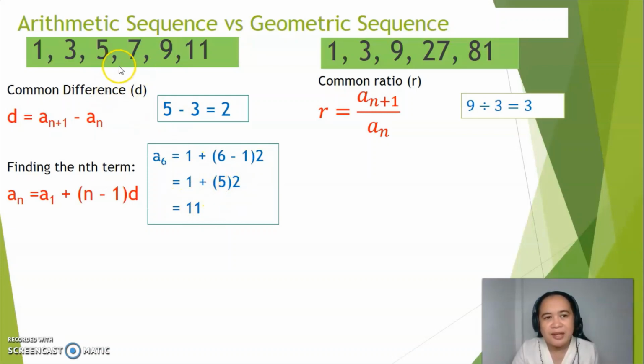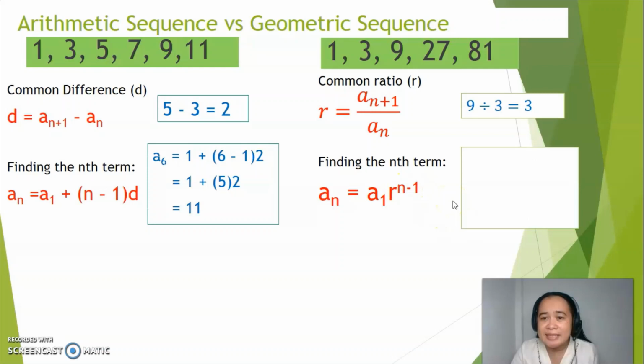Now, even if you're asked to find the 100th term, we will simply use this formula. For geometric sequence, to find the nth term, the formula would be A of n is equal to first term times the common ratio raised to n minus 1. For example, identify the fifth term of this geometric sequence.